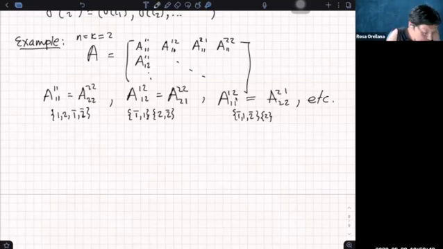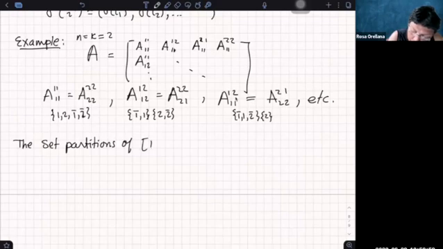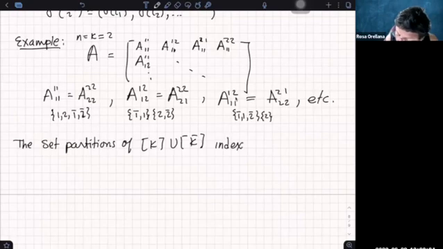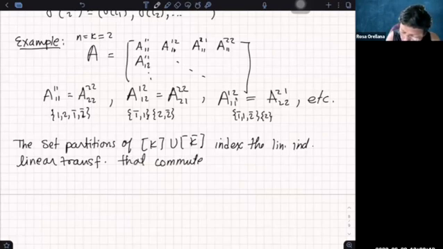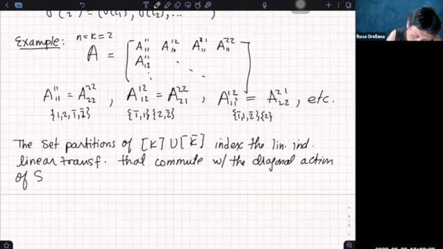So the idea here is that the set partitions of k union k bar index the linearly independent linear transformations that commute with the diagonal action of Sn.